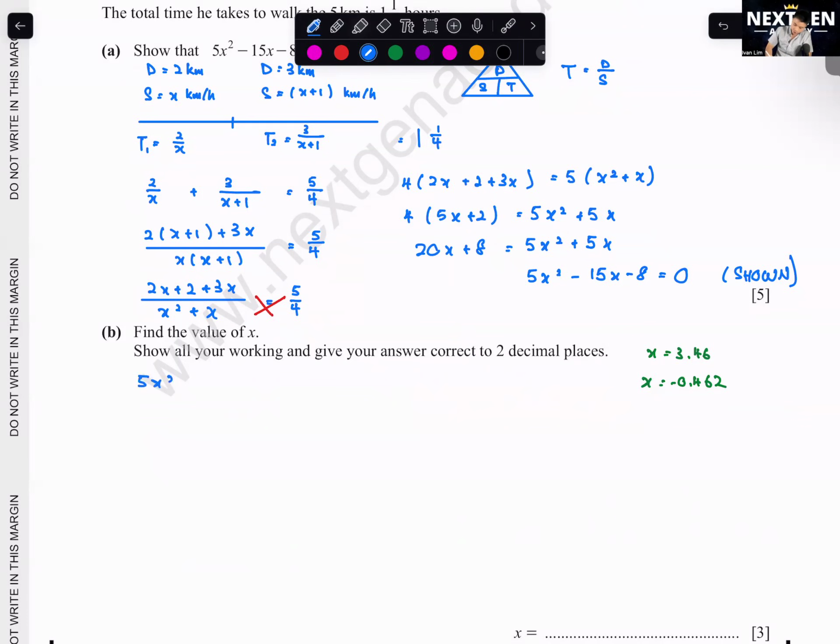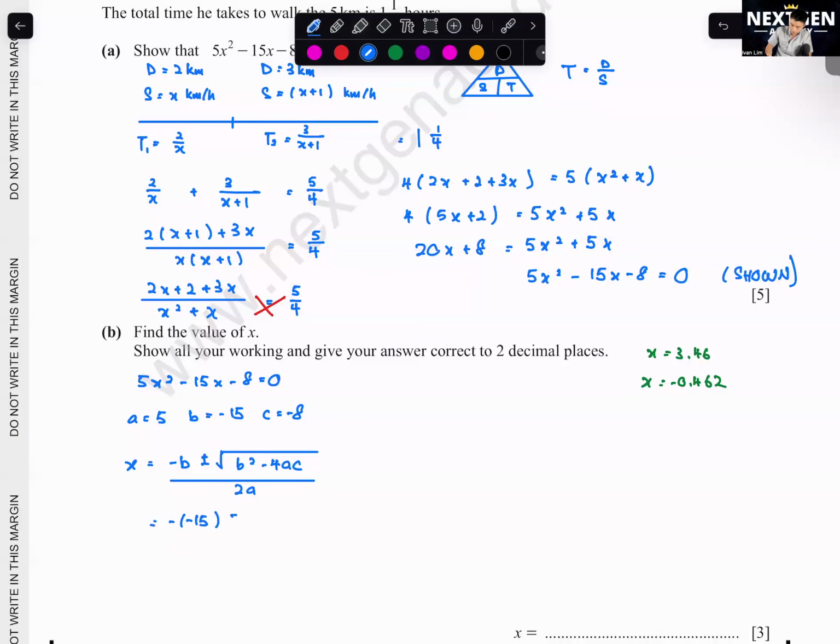Okay, what are we solving? 5x squared minus 15x minus 8 equals 0. Your A is equal to 5. B is minus 15. C is negative 8. We're going to put into negative B plus minus square root of B squared minus 4AC over 2A.